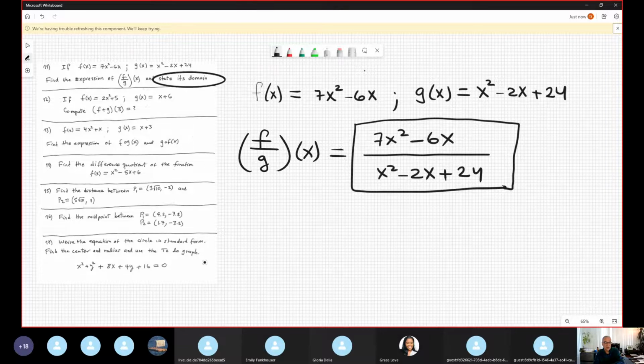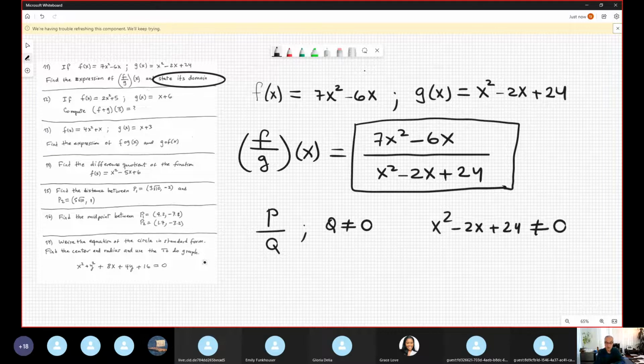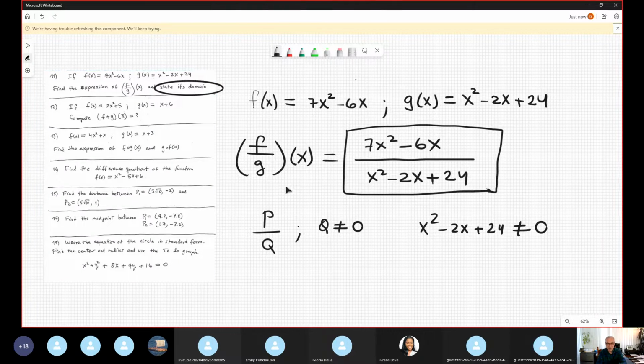Because the professor explained in the lecture that when you have P divided by Q, I need to investigate that Q is not 0, because division by 0 is undefined. So in this case, I need to investigate if x squared minus 2x plus 24 is not 0. It's my domain. I need to investigate that restriction.